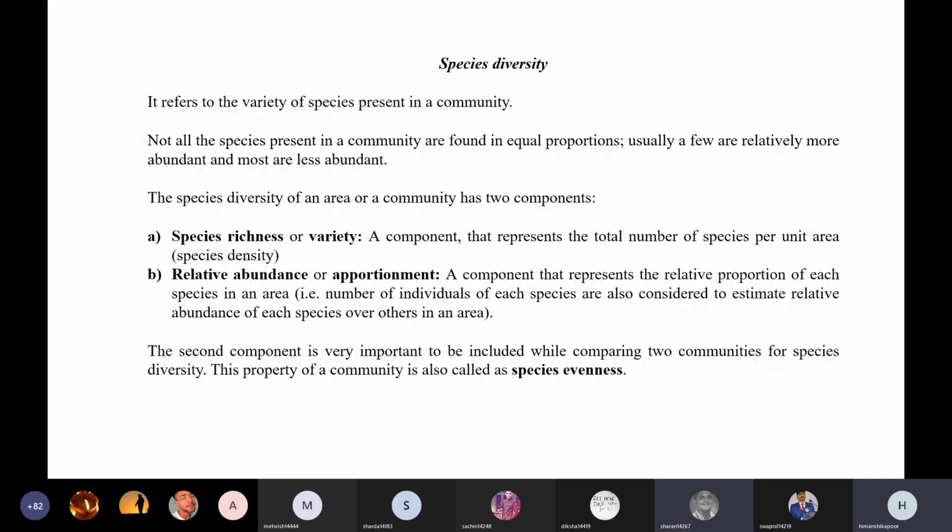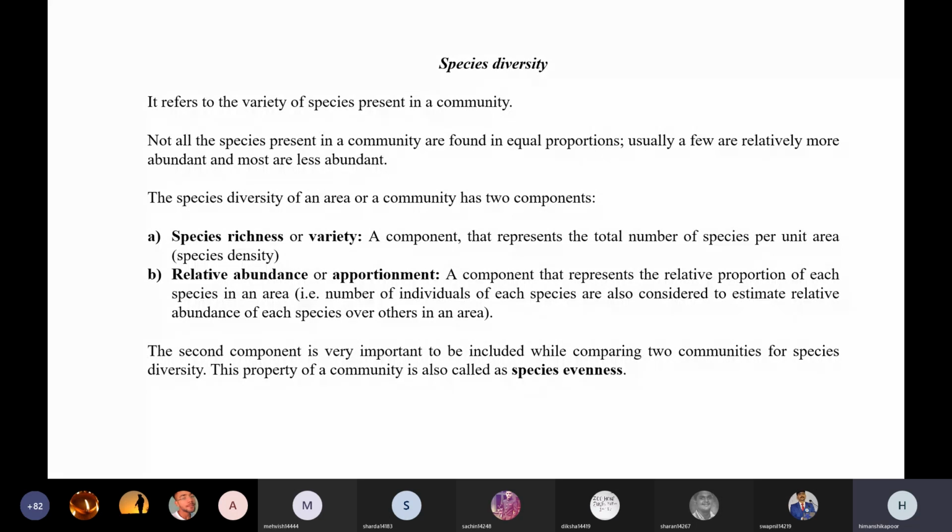Similar, or I think comparable, individuals are present in a species, which can interbreed amongst themselves. Yes, ma'am. Those are species. What do you understand by species diversity then? Variety of species which are present in a community or maybe in an ecosystem.